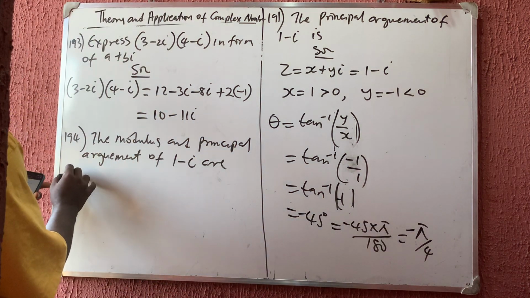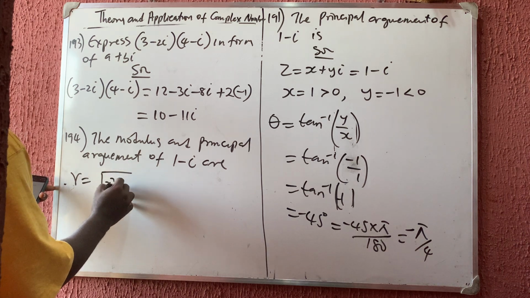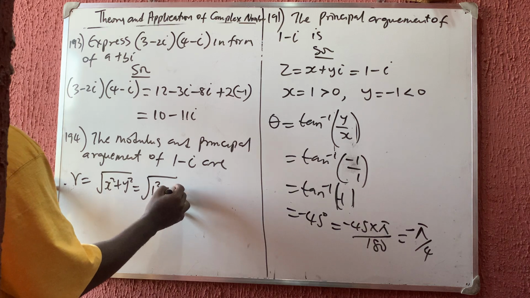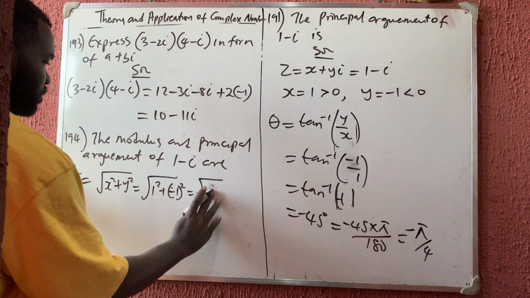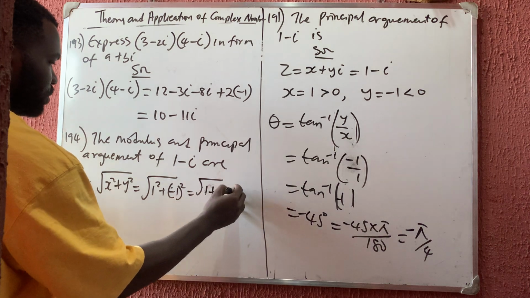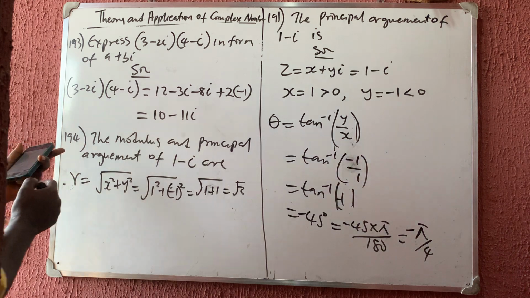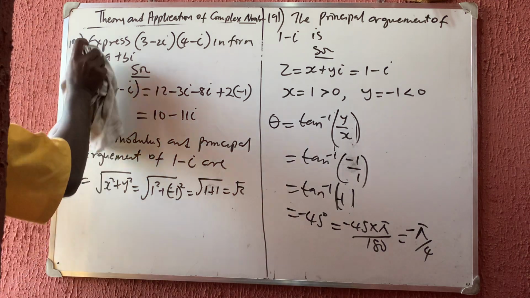So what we need is just the modulus. r is equal to the square root of x squared plus y squared, which is the square root of 1 squared plus minus 1 squared, which is the square root of 1 plus 1, which is root 2. So we have root 2, comma, minus pi over 4. So that is that.